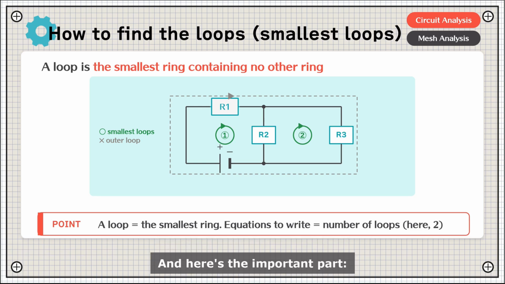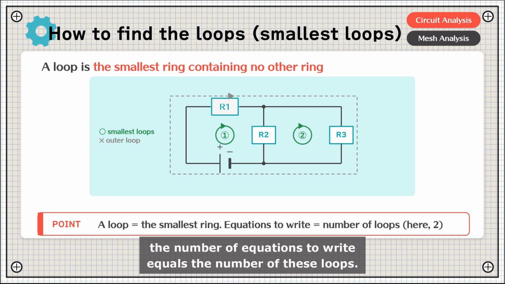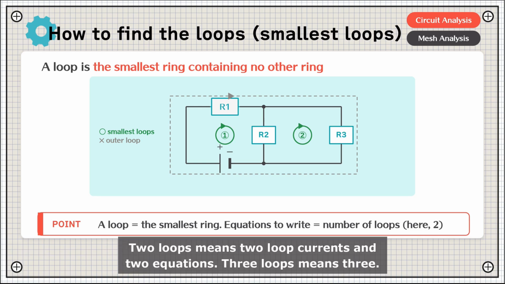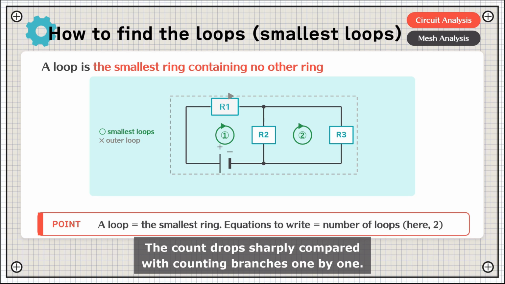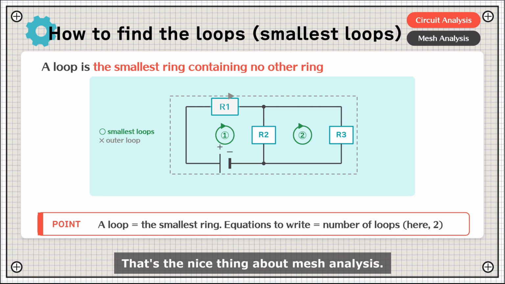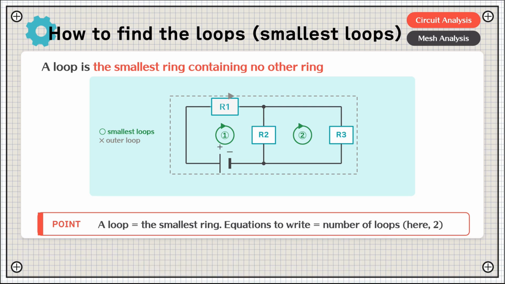And here's the important part. The number of equations to write equals the number of these loops. 2 loops means 2 loop currents and 2 equations. 3 loops means 3. The count drops sharply compared with counting branches one by one. That's the nice thing about mesh analysis.